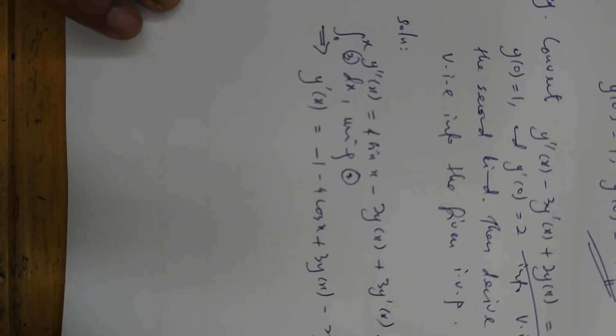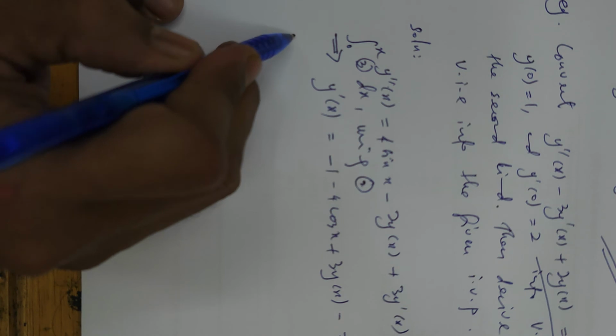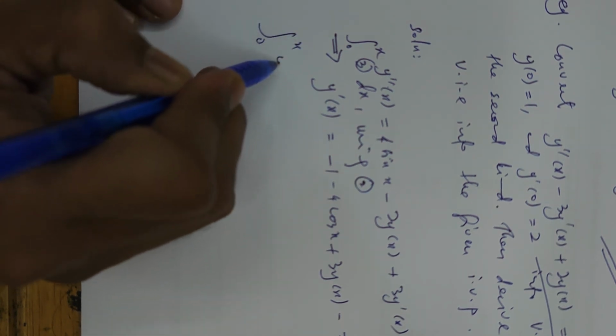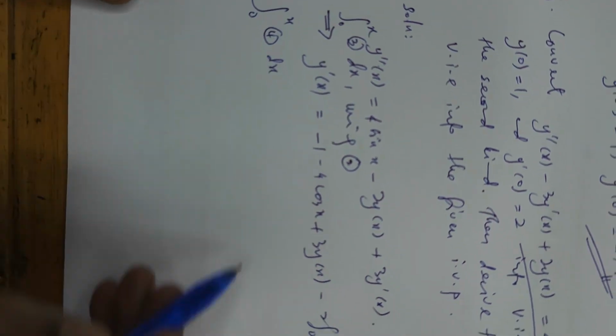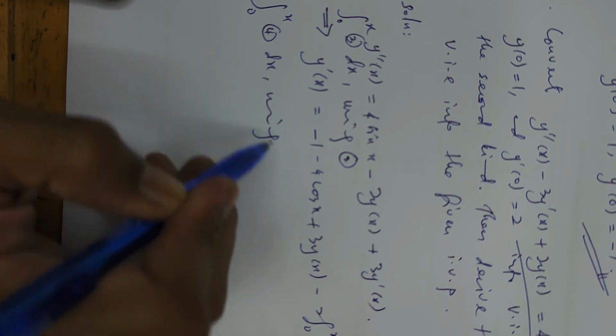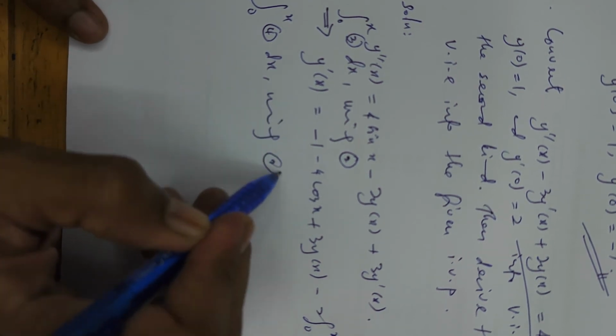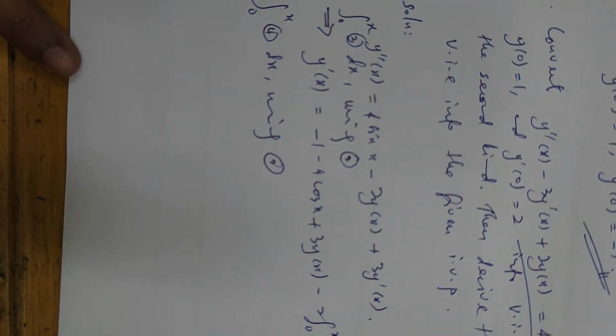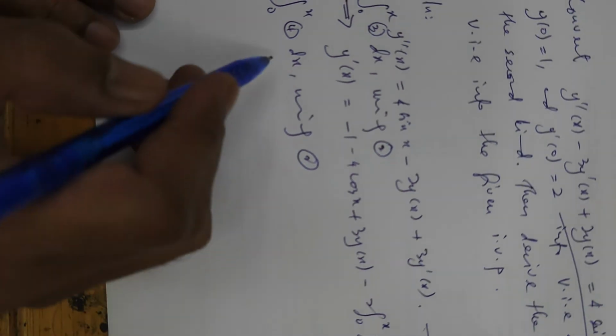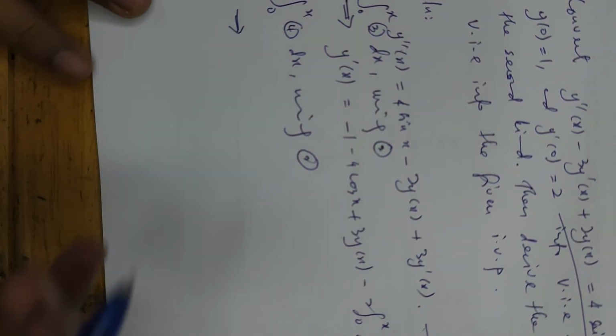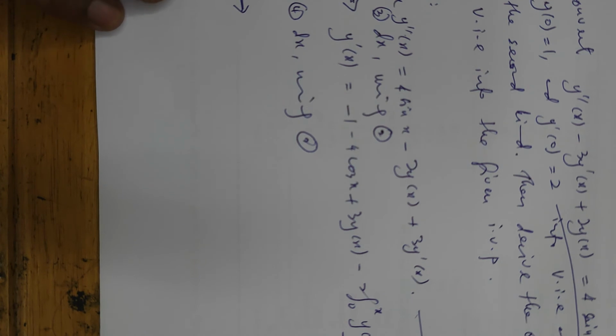Then we integrate again, integrate 4 from 0 to x dx, and then again using condition 2, we end up with the required Volterra integral equation.